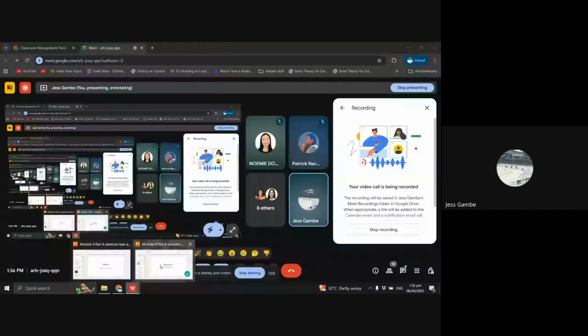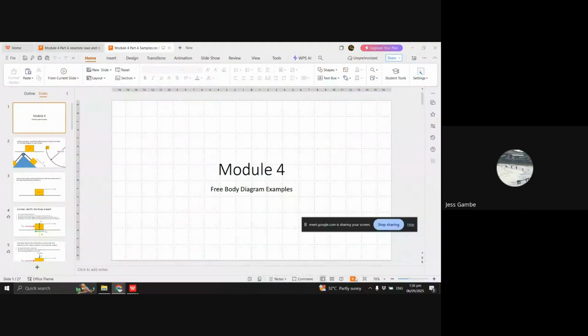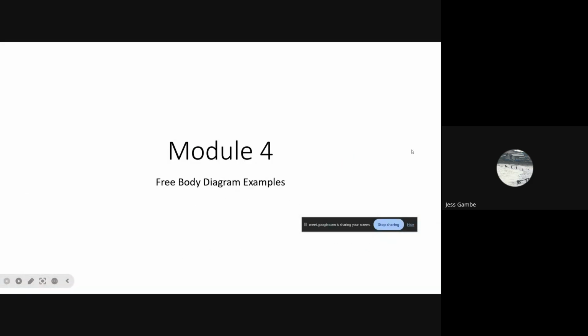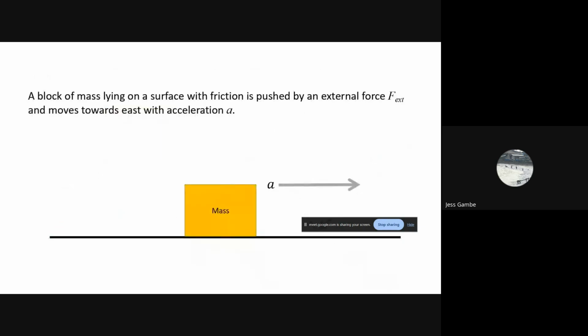I want to show you guys something, this free body diagram. Here are some ways of drawing a free body diagram. For example, this one. The free body diagram is quite familiar: a block of mass lying on a surface with a friction is pushed by an external force F and moves east with acceleration a.